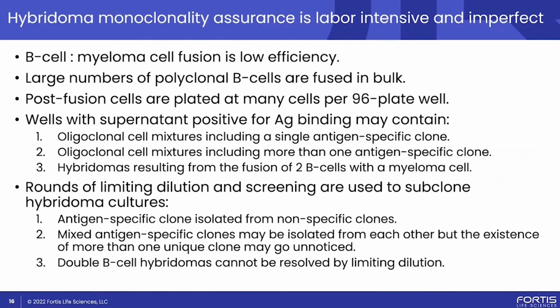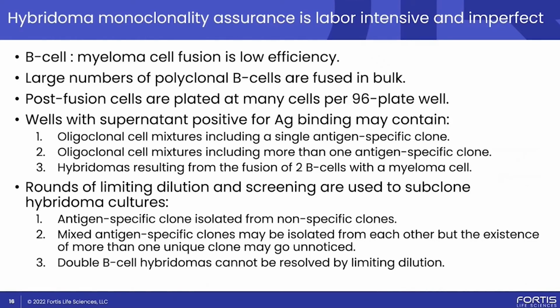From the ELISA data, all you'll know is that you have target-specific antibody in your well. You don't know that you have more than one clone in there. Also, again, because many B cells are fused with many myeloma cells in bulk, it is possible to achieve a 2 B cell fusion where more than one B cell is fused with a single myeloma cell.